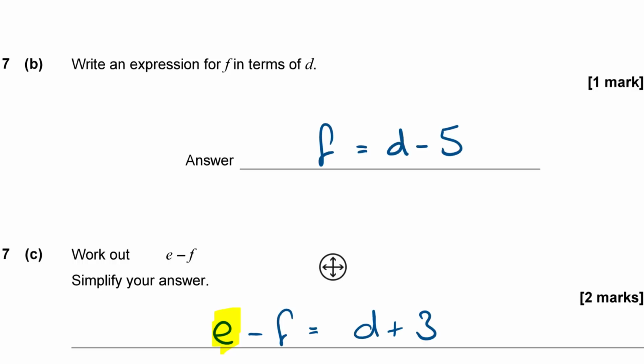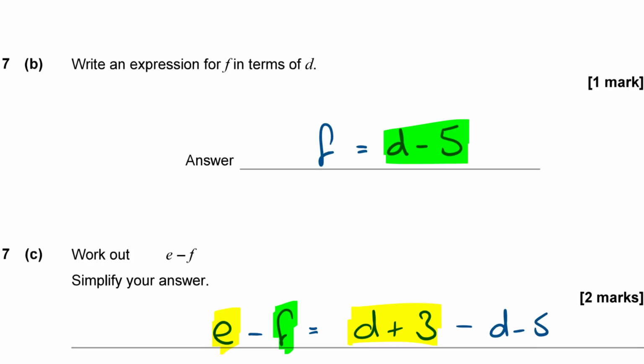That's my E value. And I'm going to subtract F. And I know up here that F is D minus 5. So I'm going to subtract D minus 5. Now if I just write it down like that though, it's wrong. I need to put it in brackets because I'm subtracting D minus 5. Okay, so I've got D plus 3 subtract D minus 5.